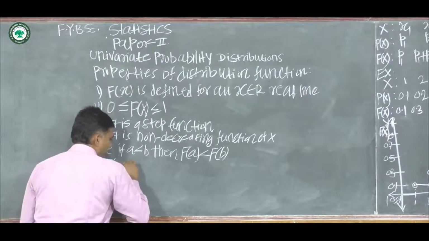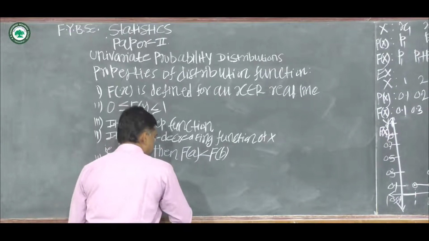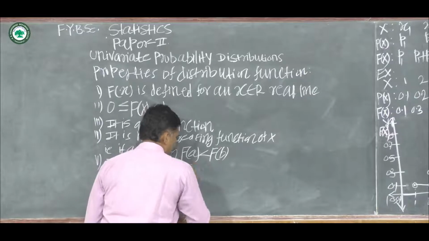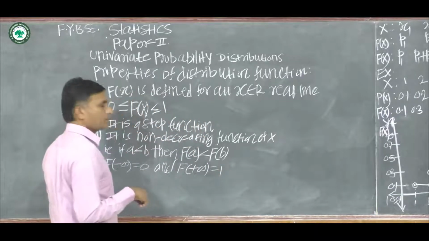Capital F of minus infinity is equal to 0, and capital F of plus infinity is equal to 1.